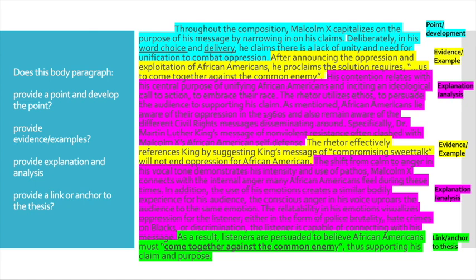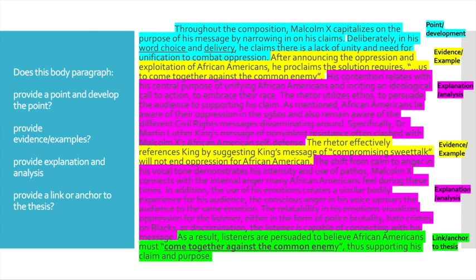So you can see that in this case, the writer says throughout the composition, Malcolm X capitalizes on the purpose of his message by narrowing on his claims. Deliberately, in his word choice and delivery, he claims there is a lack of unity and need for unification to combat oppression. Notice a couple of things.